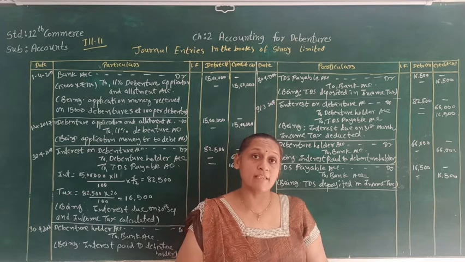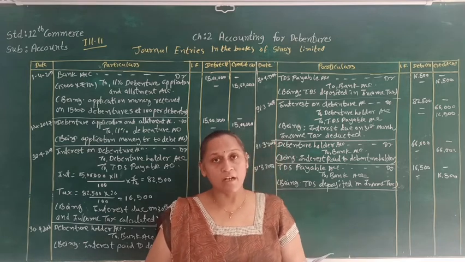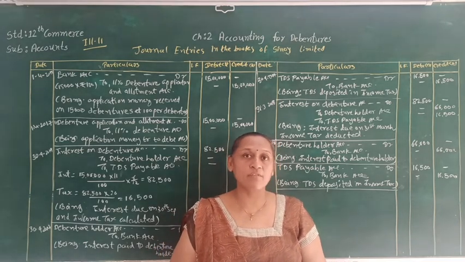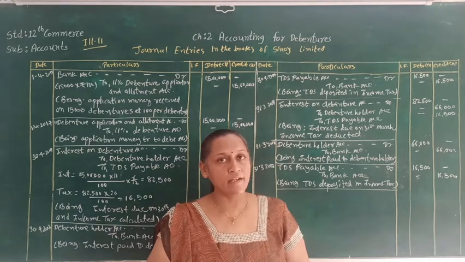Now, as we know, the interest which we have paid to the debenture holder is our expense, and that account is supposed to be closed and transferred to the statement of profit and loss account.